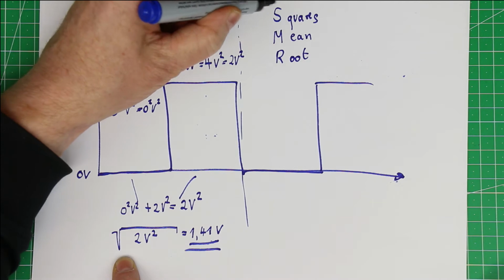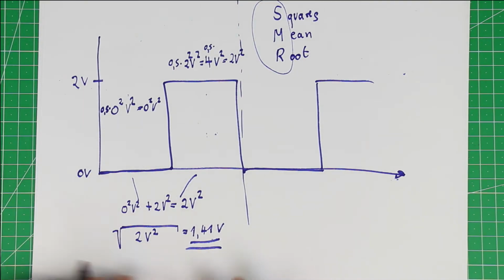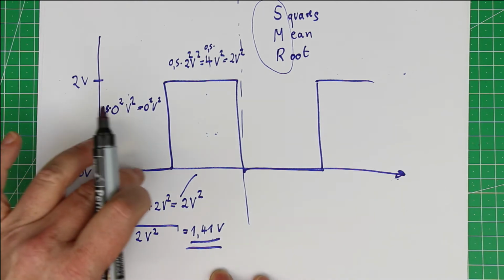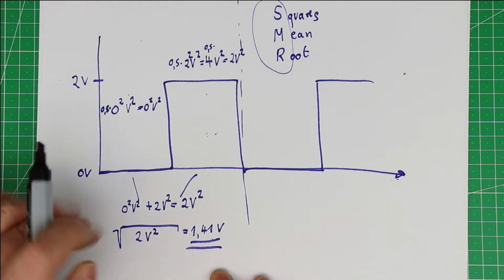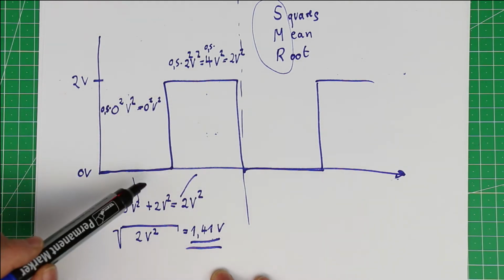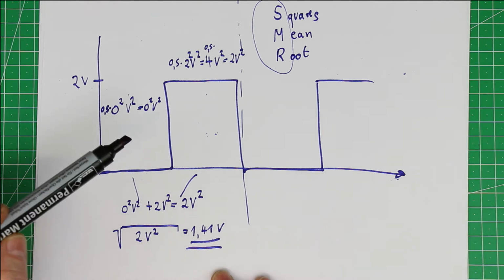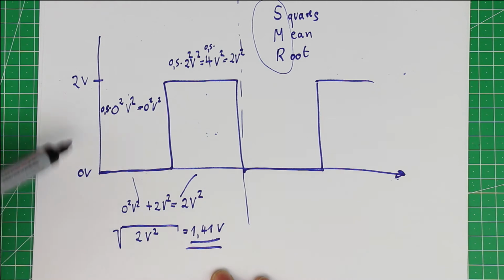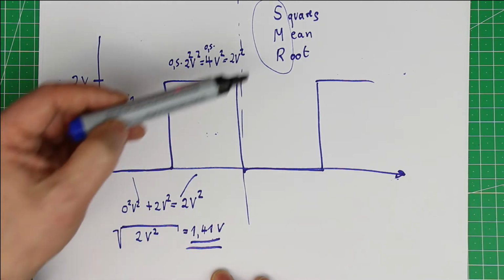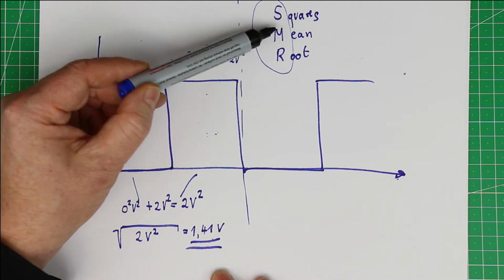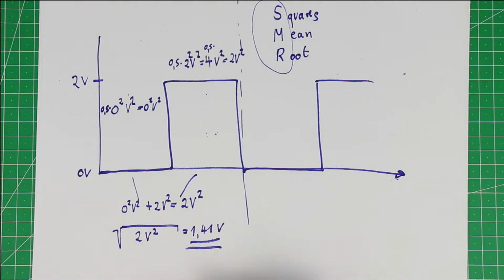So that's the explanation, and at the same time the algorithm that you either can use point by point on a complicated signal waveform to calculate the RMS, or your digital oscilloscope can do it for you, or an analog circuitry that does exactly this, squaring up the voltage, taking the mean, and then taking the square root of the mean.